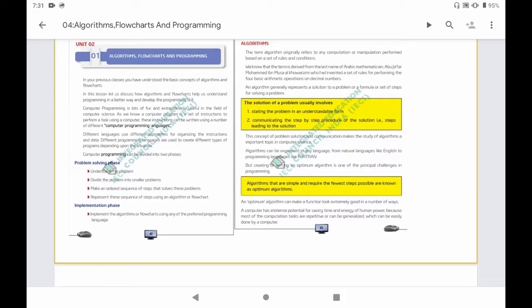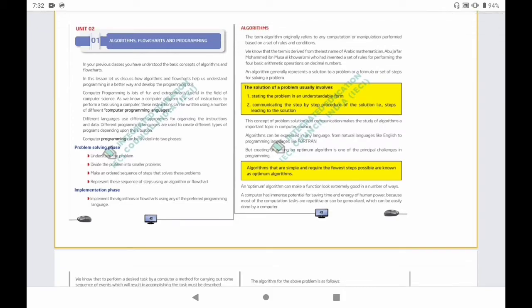Algorithms that are simple and require the fewest steps possible are known as optimum algorithms. So if you are working with a proper simple algorithm with a few steps only, it is an optimum algorithm. And a computer has immense potential for saving the time and energy of human power.